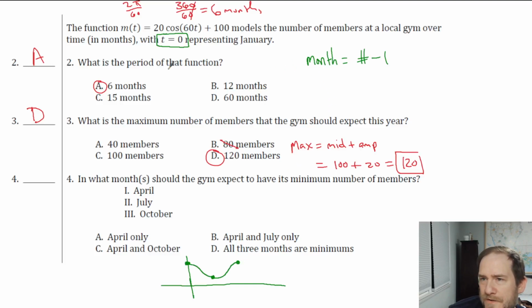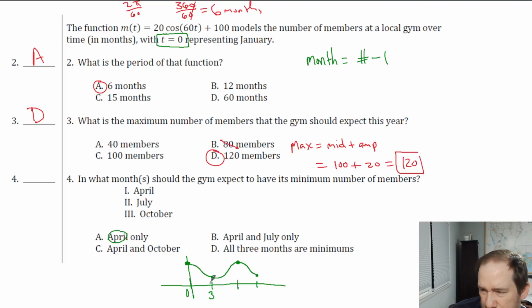So we just found in part A that our period is 6 months, so 3 months later, so after time 0, hop out to time 3. 3 is the 4th month, that's April. But, hold on, it said in the first year, right? So that means 3 months later would be at a max, but then 3 months later would be back at a min again.